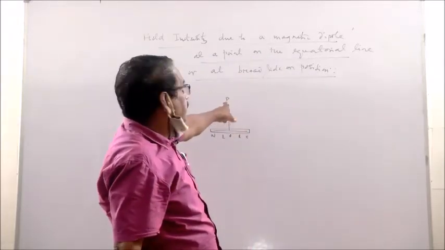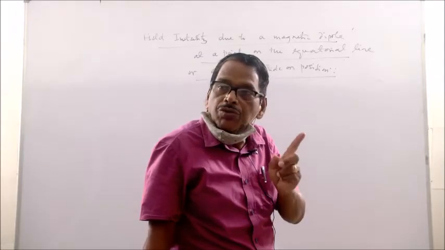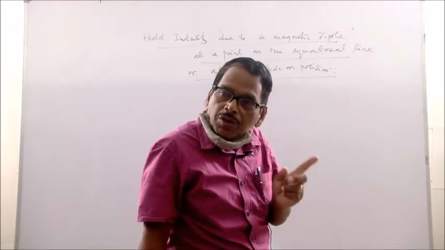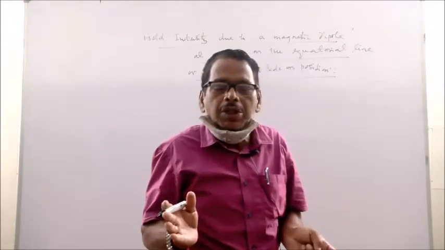Similarly, field intensity at P will be the force experienced by unit north pole at P. So let us place unit north pole at P and find out the force due to north pole, find out force due to south pole, and then find out the resultant force.